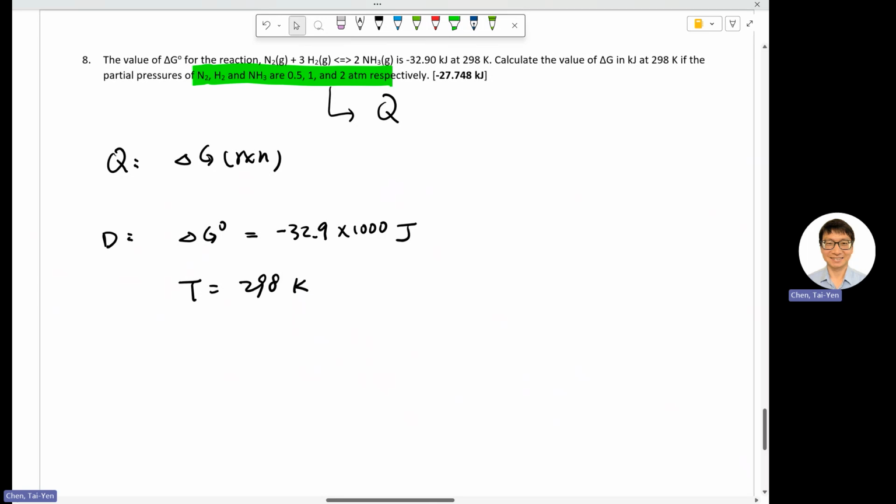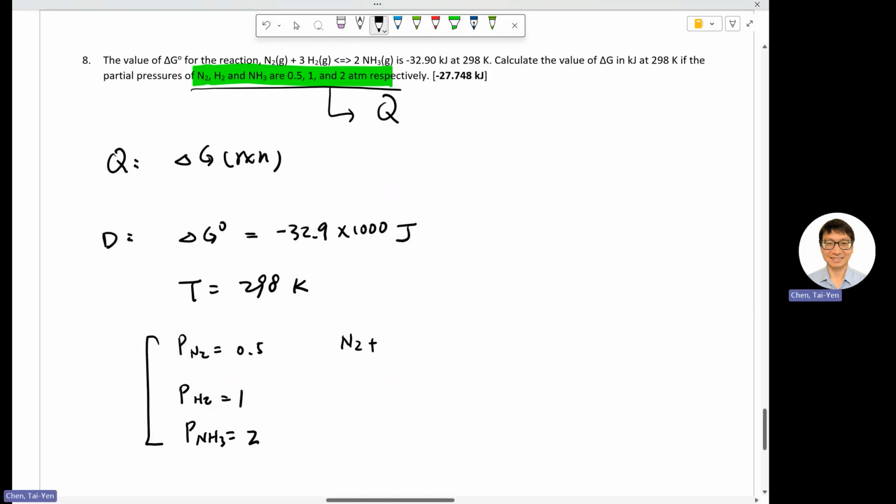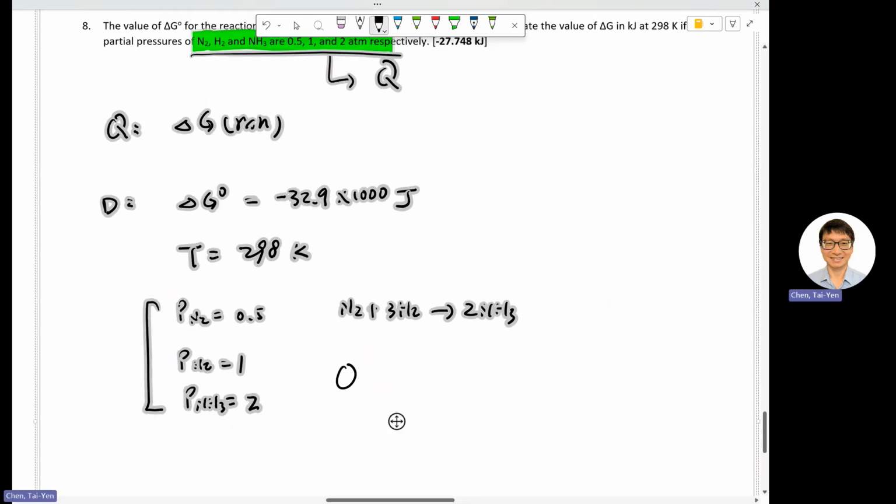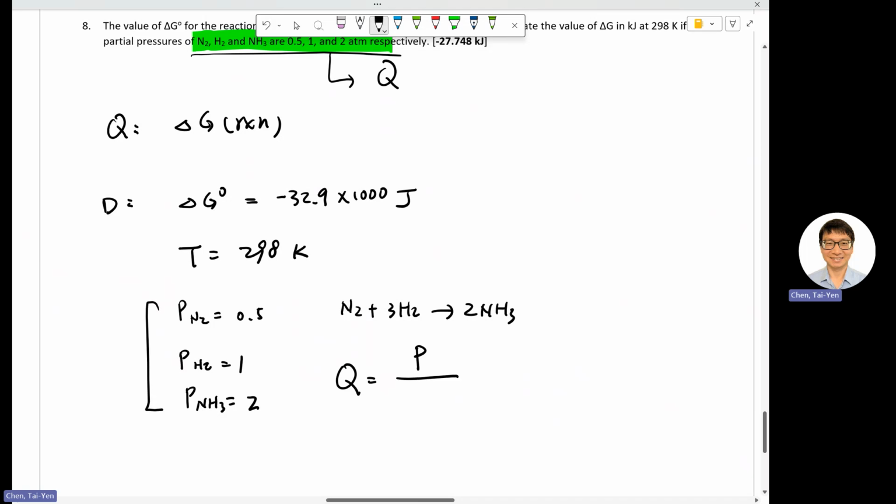And then you have a bunch of information, right? Pressure of your N2 equals 0.5. Pressure of your H2 equals 1. Pressure of your NH3 equals 2. The equation you have is N2 plus 3H2 gives you 2 NH3, meaning that you can compute your chemical quotient, which equals the pressure of NH3 squared over the pressure of N2 to the first power times the pressure of H2 to the cube.